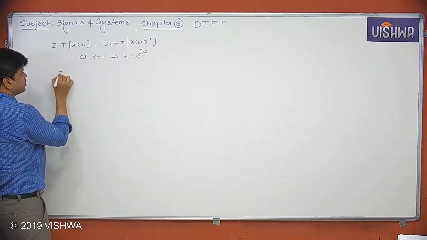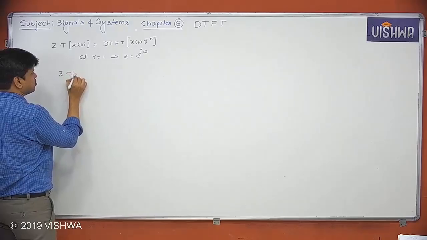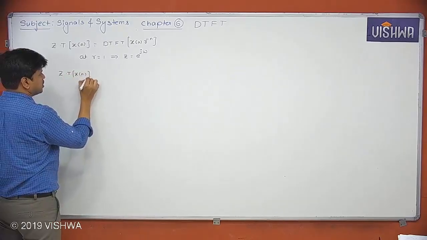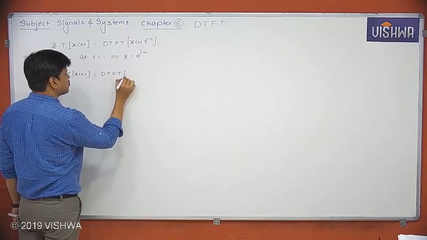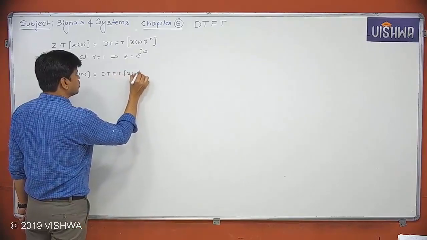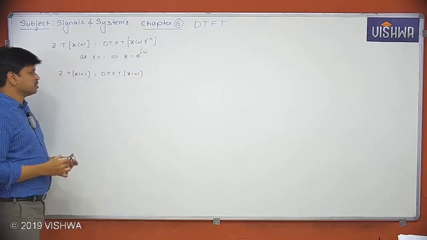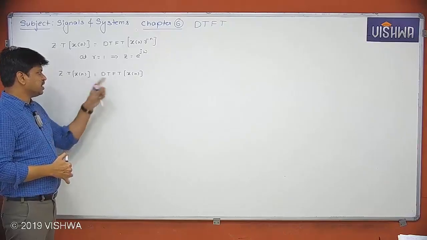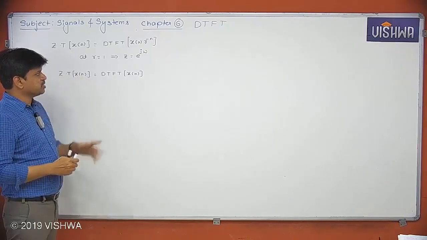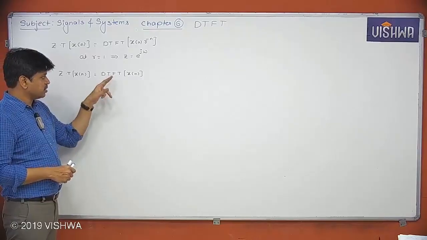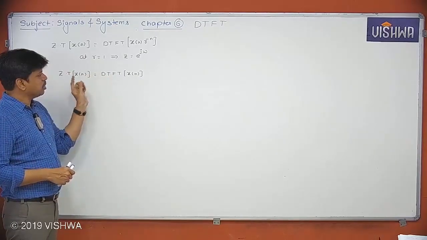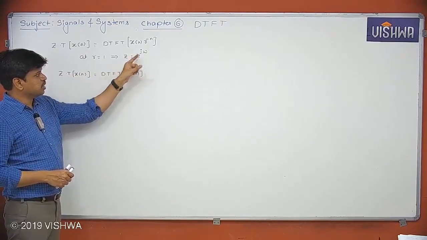We get the Z-transform and DTFT equal. So we can calculate the DTFT from the Z-transform by replacing z with e power j omega.